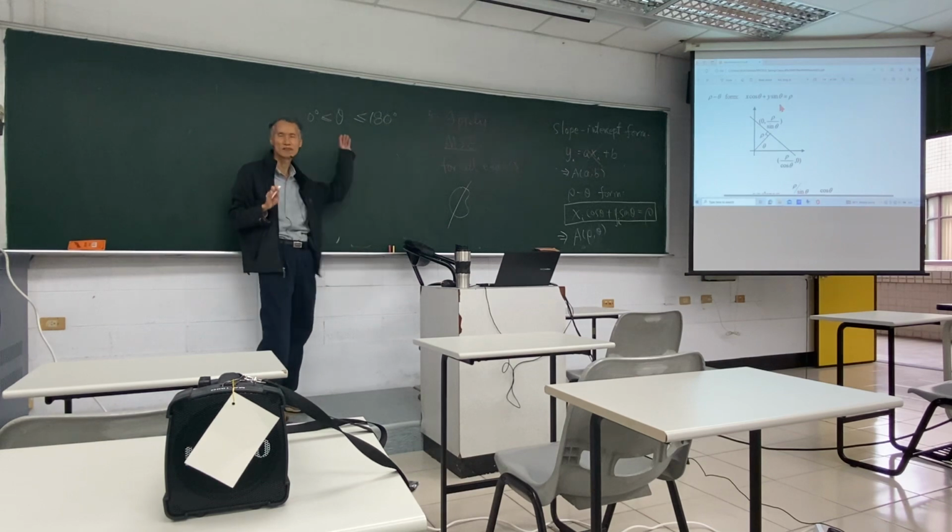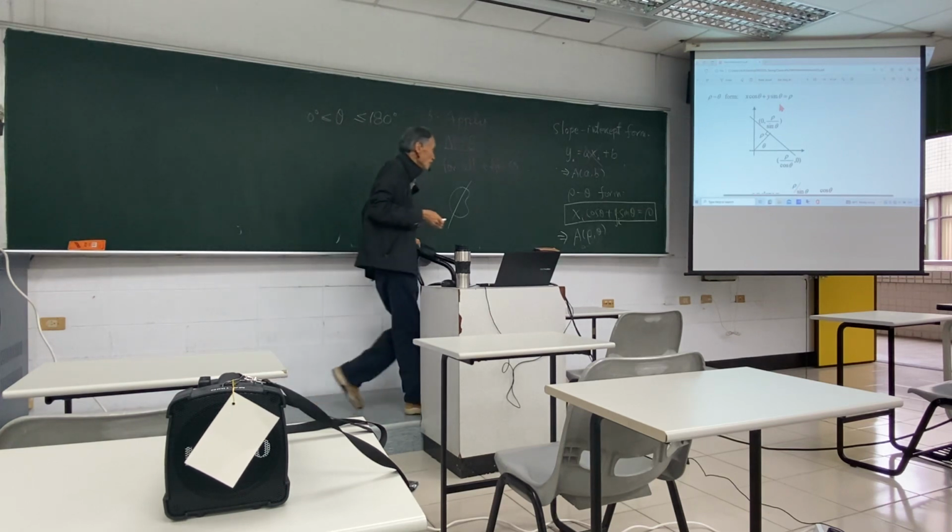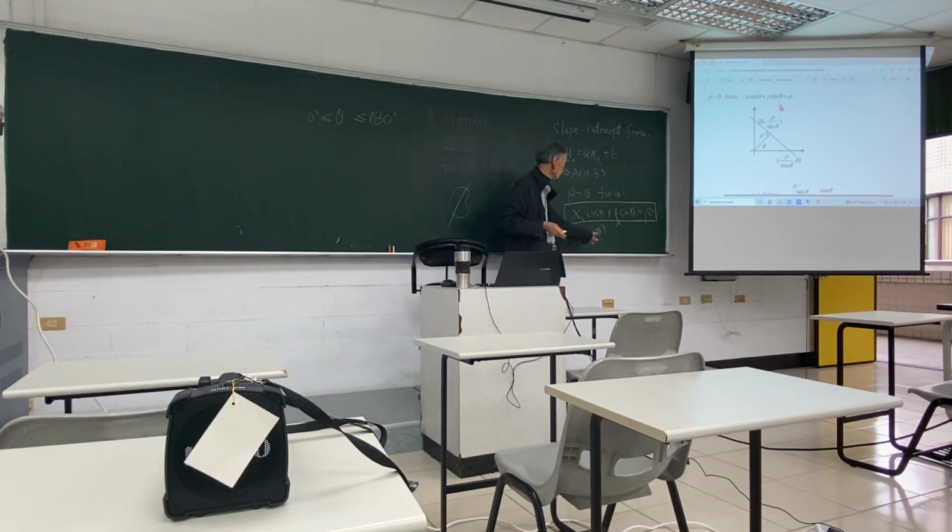But in most cases, we use degrees. It's much easier to digitize the accumulator. And rho, in a digital image, you can specify in pixels, the distance in terms of pixels. So this is much easier to control.